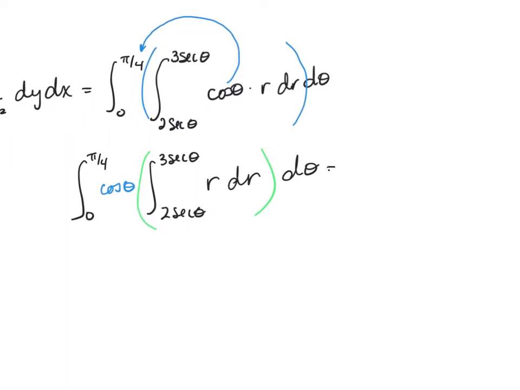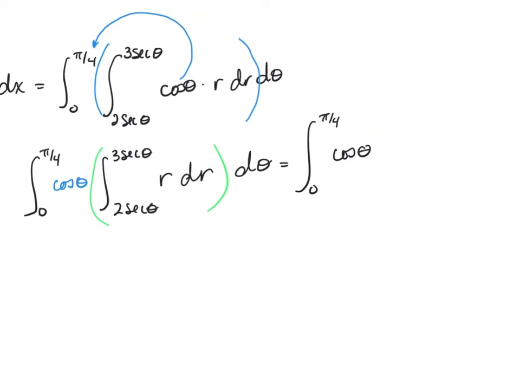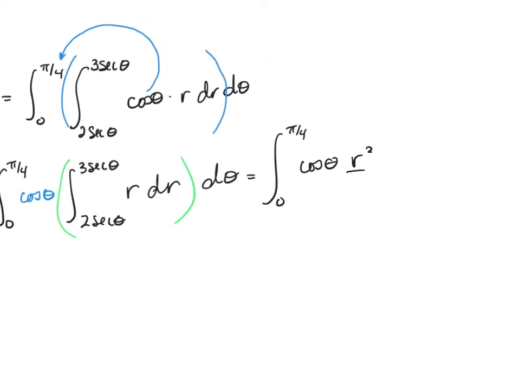So then this is going to be equal to, from 0 to pi over 4, the cosine of theta times r squared divided by 2 evaluated from 2 secant of theta to 3 secant of theta, d theta.